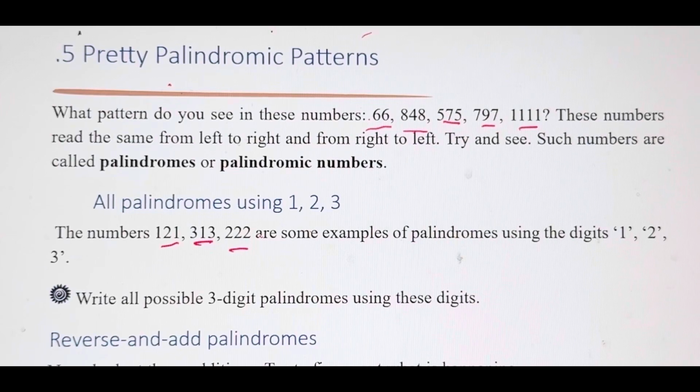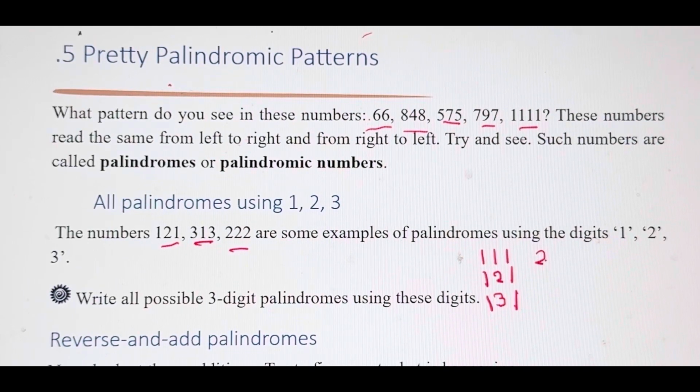So what is the technique of doing it? You have 3 digits. We start with 1, so we can write 111. That is one of them. Then start again with 1 and take the other number: 121. Then again start with 1 and take 131. So this is one series with 1. Now let us start with 2.